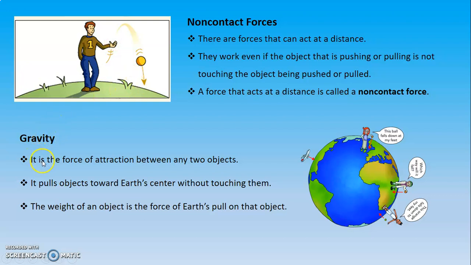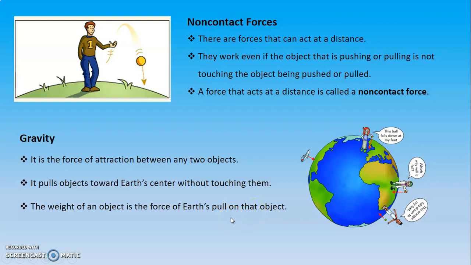Gravity. It is the force of attraction between any 2 objects. It pulls objects toward Earth's center without touching them. The weight of an object is the force of Earth's pull on that object.